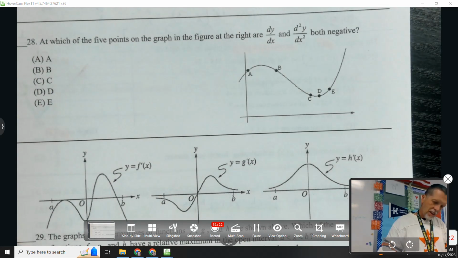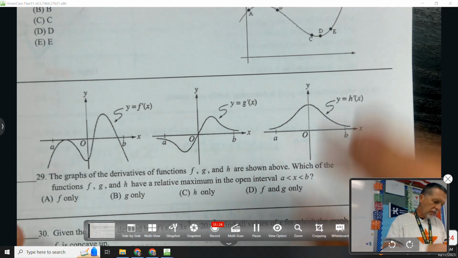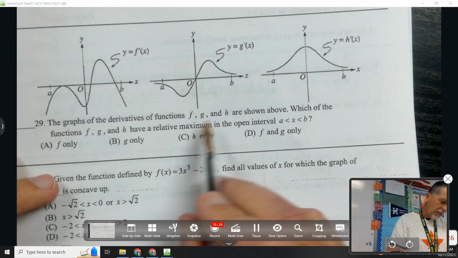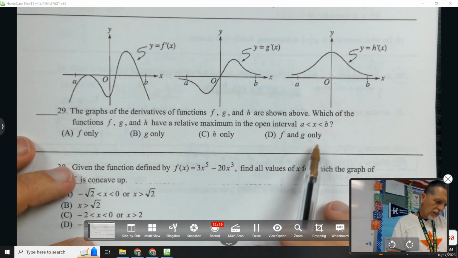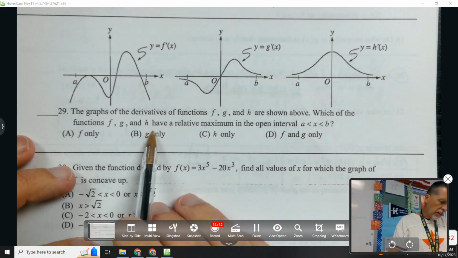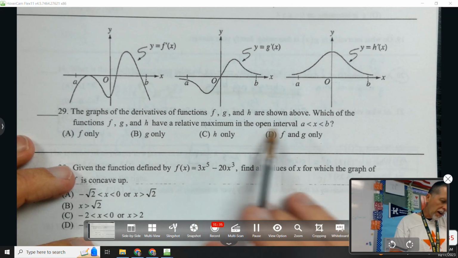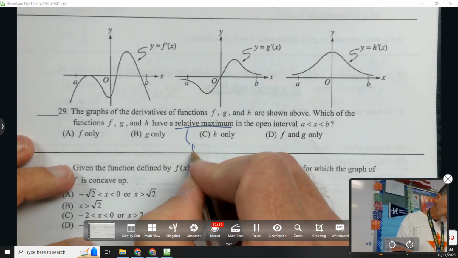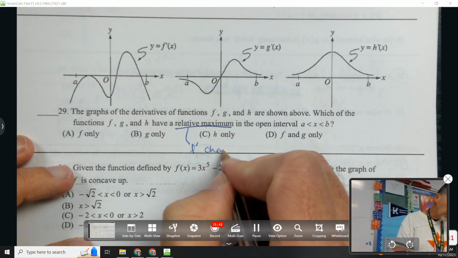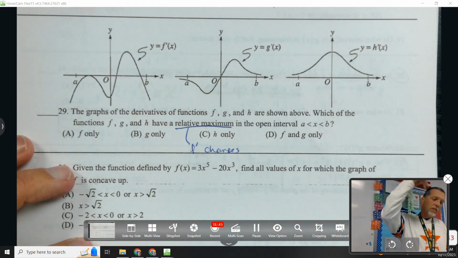29. The graphs of the derivatives of the functions f, g, and h are shown above. So those are all derivative graphs. Which of the following have a relative maximum between a and b? A relative maximum is where f prime changes positive to negative.